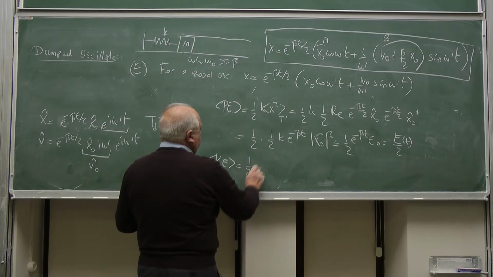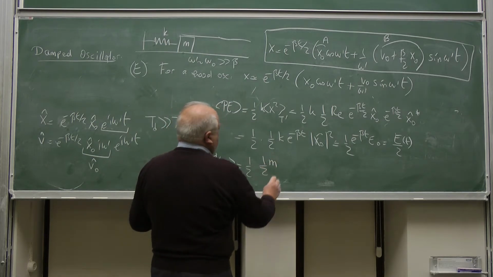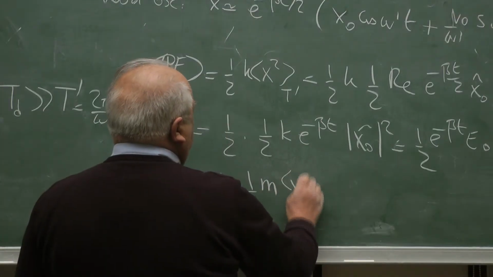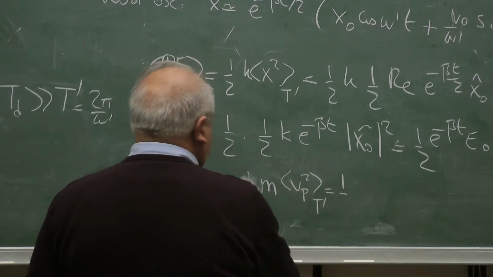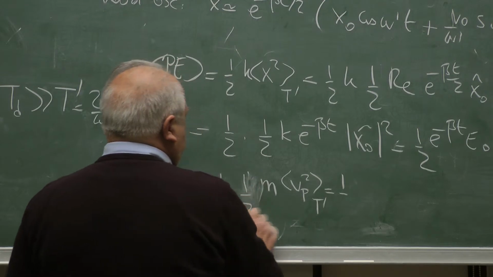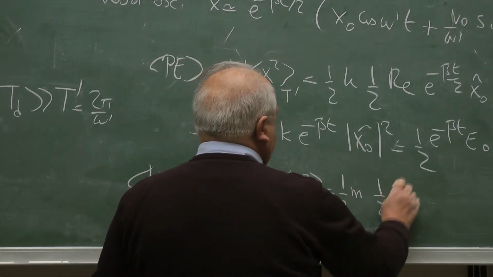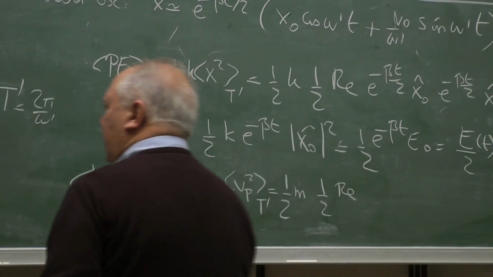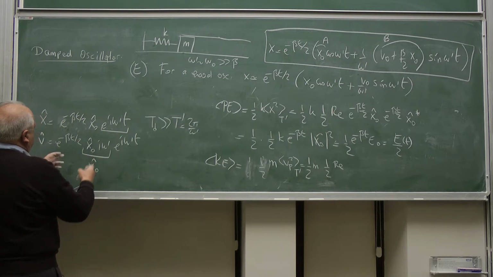So it is 1/2 m times the velocity square averaged over time. So it is 1/2 m, 1/2 the real part of this thing absolute squared.